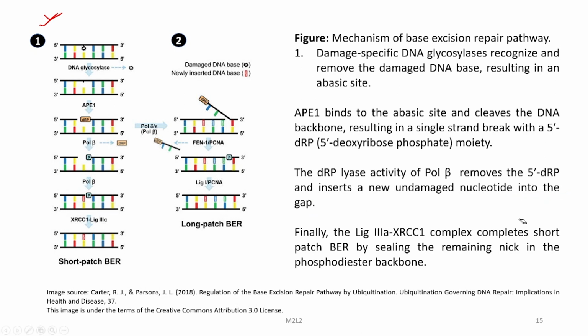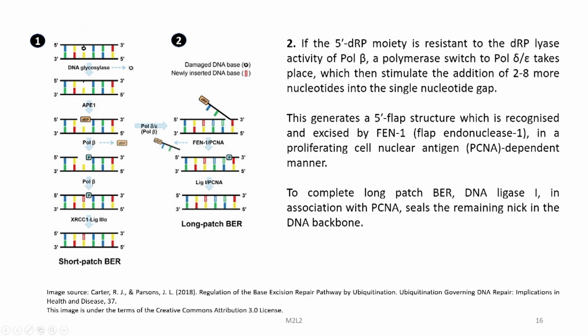Finally, the Lig3A XRCC1 complex completes short patch base excision repair by sealing the remaining nick in the phosphodiester backbone. So, here you can see the damage, and finally the damage is being healed at the end of this pathway.